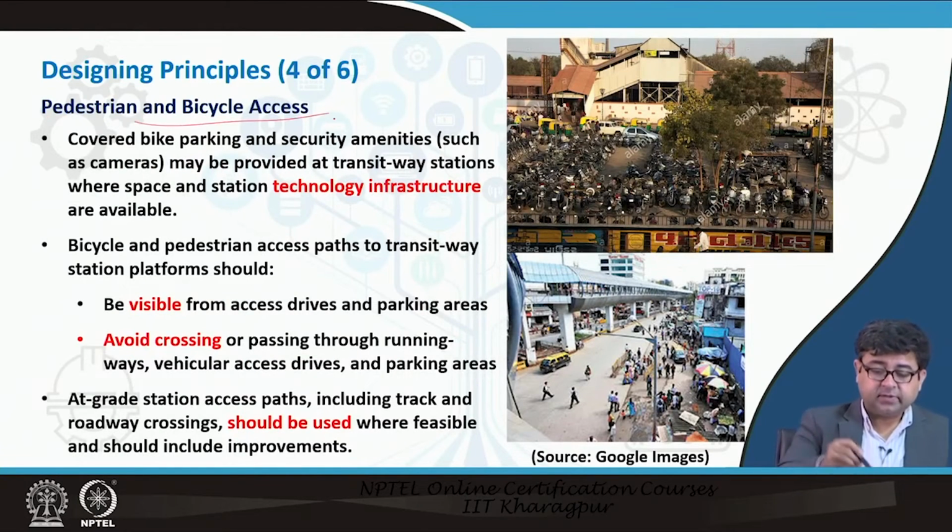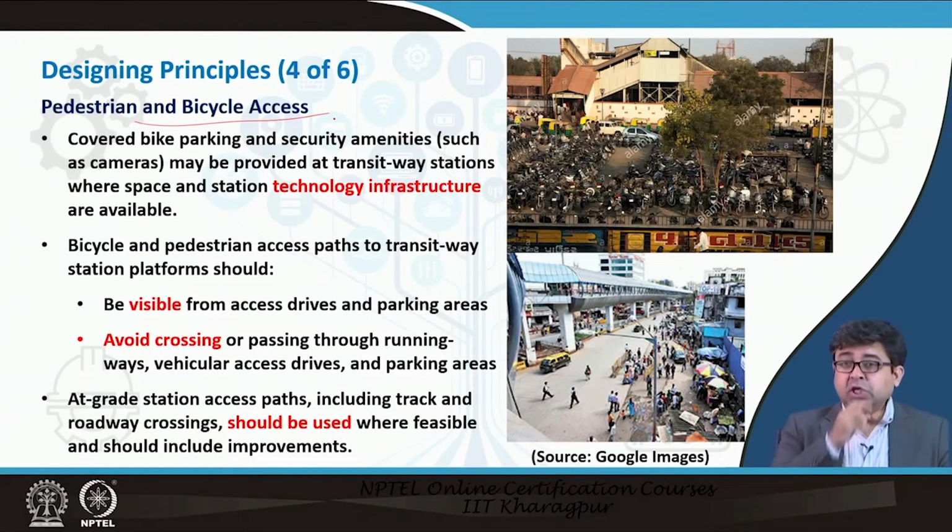Then it is access. We have already looked at access. It is usually encouraged that access be provided at grade. So, for example, grade separated access points have been extensively built to connect the Mumbai suburban railways to various points of their road network, but they often face the criticism that they are not well maintained and do not provide security at nights.